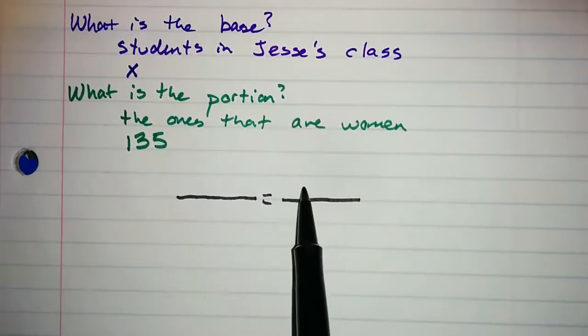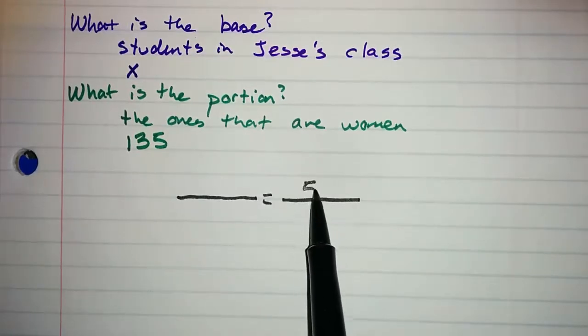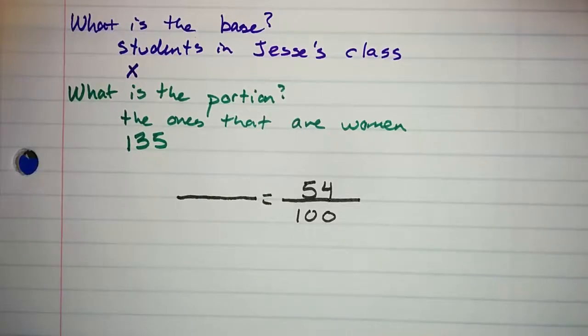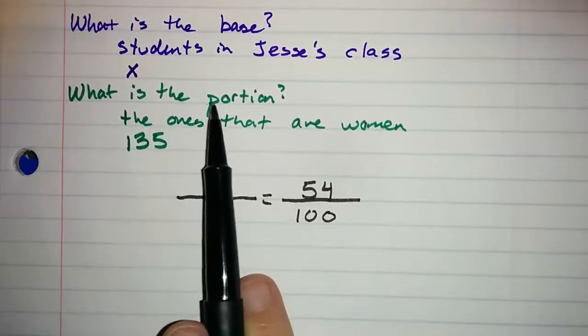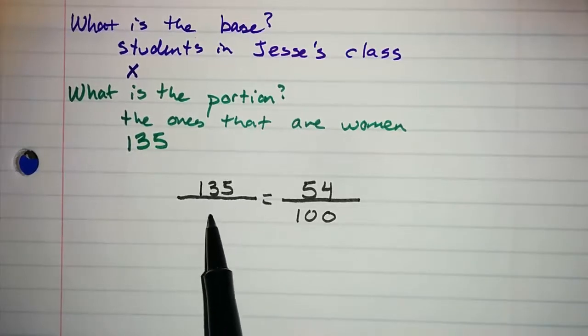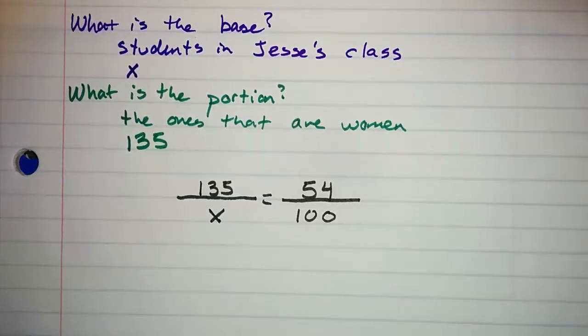So 54% is what we're given. So the percentage is 54, and that's out of 100. The 135 we decided was the portion, and what we're looking for is the base. This is actually a proportion. Cross-multiplying is what we want.